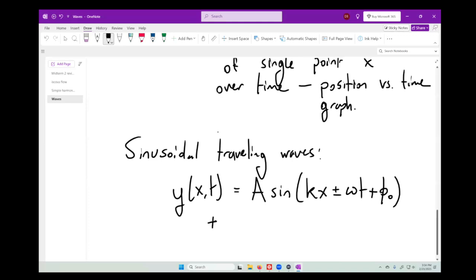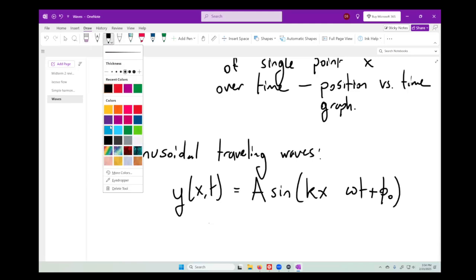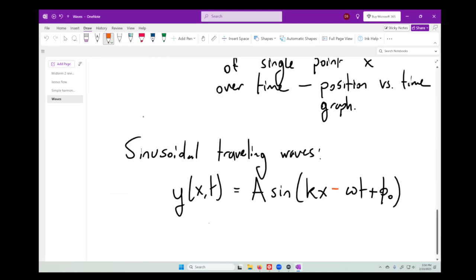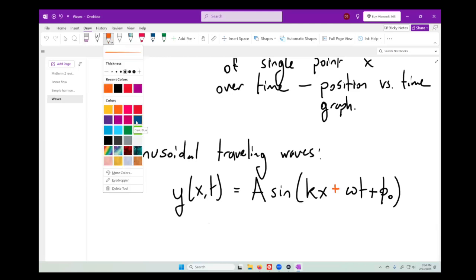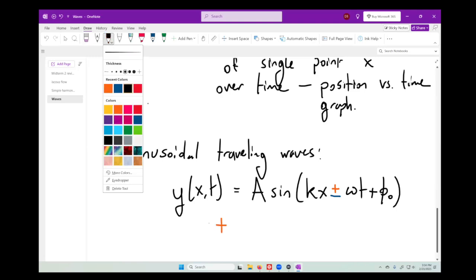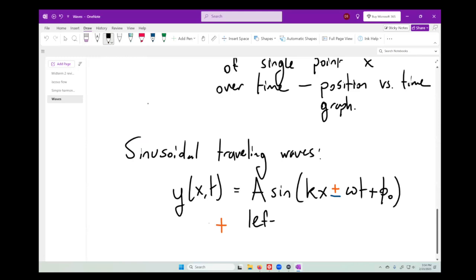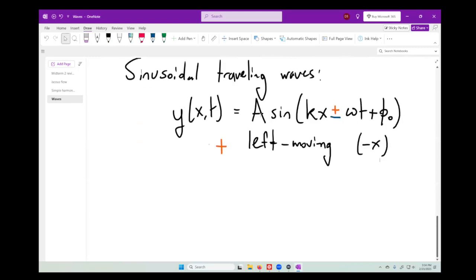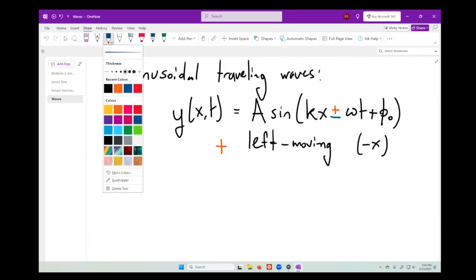The plus sign is for a left moving wave, or in other words, a wave moving in the negative x direction. The minus sign is for a right moving wave.